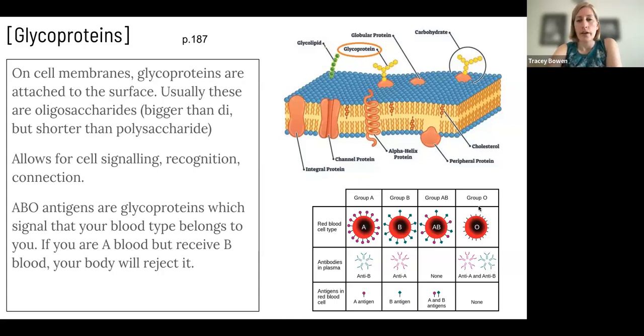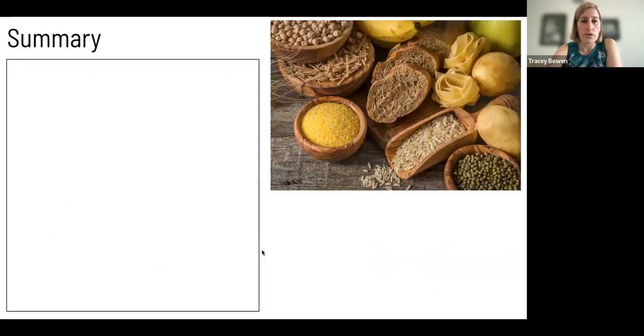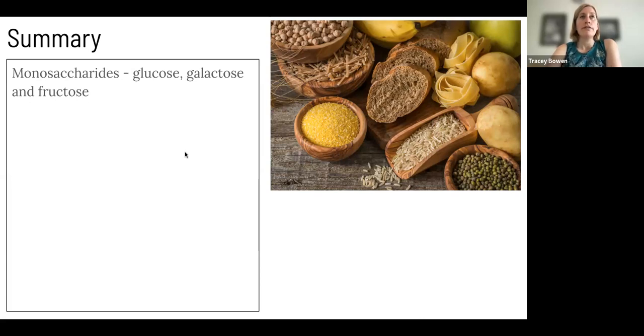But this also means that you are the universal donor. Anyone can take your blood because your blood has no antigens. It's traveling incognito, essentially.